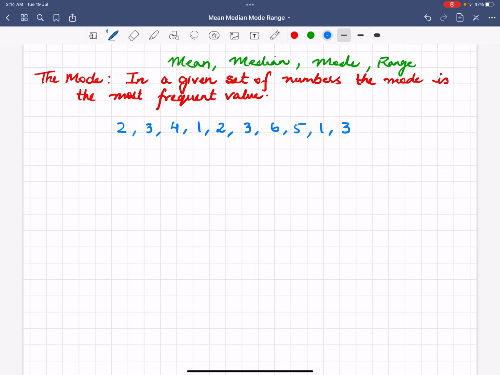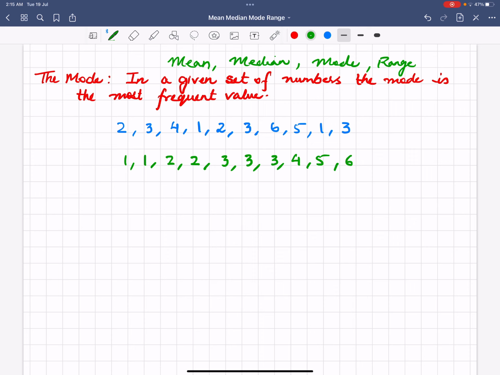In order to find the mode, the first step is to order these numbers from smallest to largest, or largest to smallest. So we will order the numbers in ascending order. So we have 1, 1, 2, 2, 3, 3, 3, 4, 5, 6.